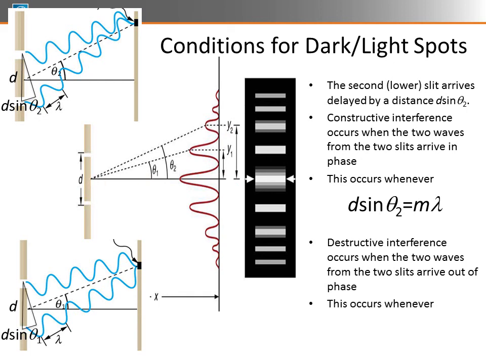So again, it all just comes down to the geometry and knowing that the interference pattern has to have a path length difference of m lambda, where m is an integer for constructive, or m is a half integer value if it's destructive.